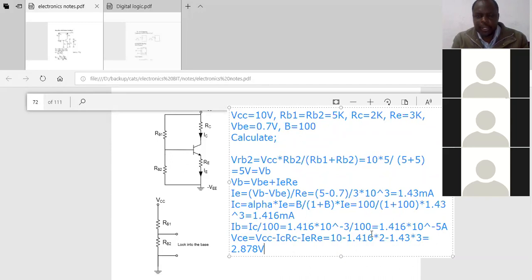Anybody who has an issue with this? Can somebody indicate which region this transistor is operating in?